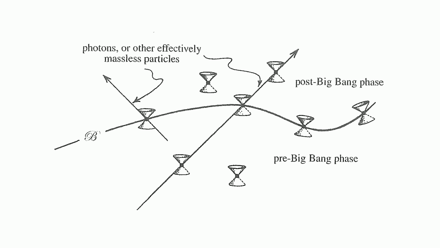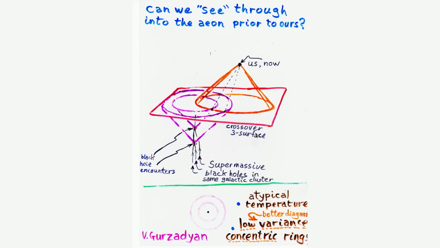So if you have something like, well, I'll show you the next picture, something like at the bottom of this middle picture here, where you see the horizontal plane there is the crossover between the previous eon below that plane, and our eon beyond it. And that's us at the top looking back, our past cone, looking back to this stretched out Big Bang.